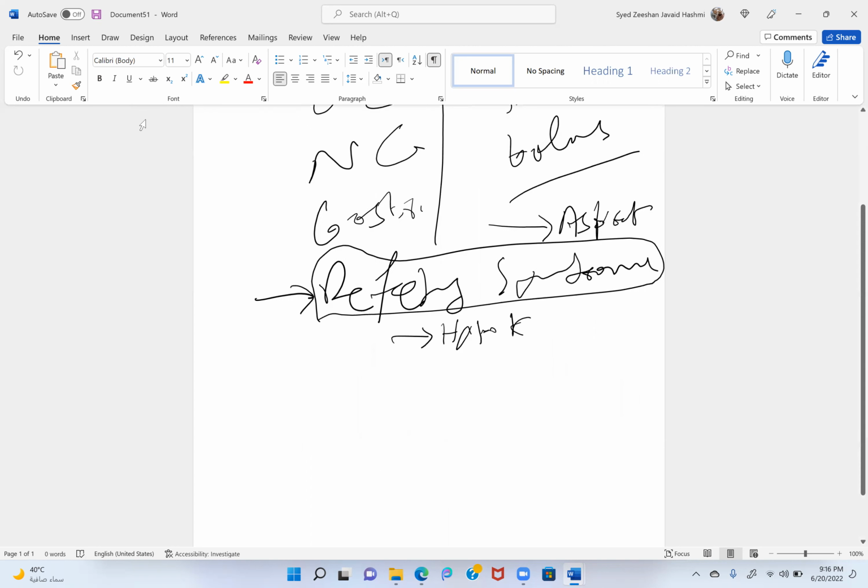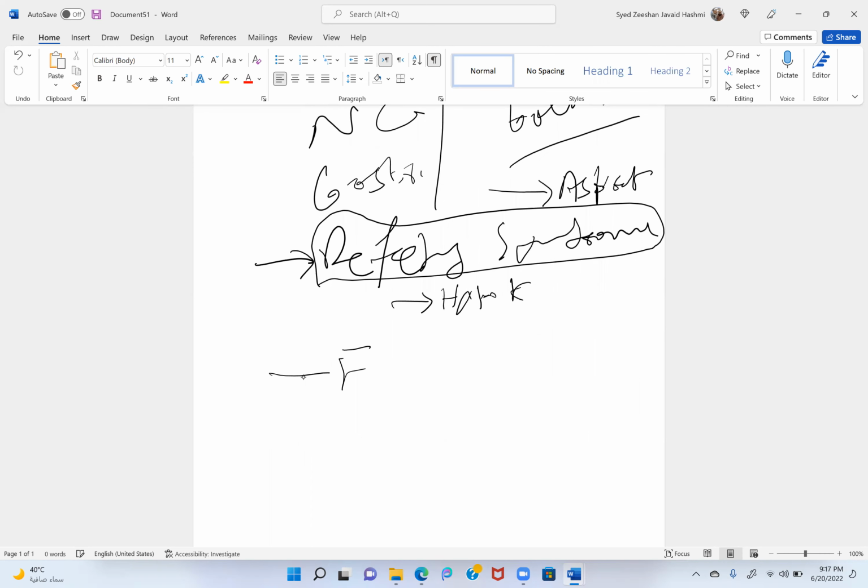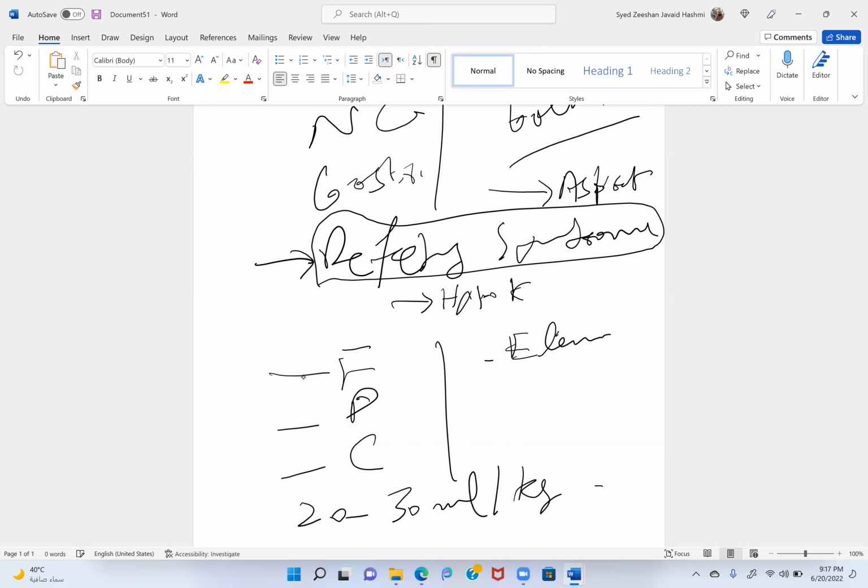So, a few words about the components. There is fat, there is protein, there is carbohydrate. There are essential elements. Caloric requirement is usually calculated as 20 to 30 kcal per kg. This is basal energy expenditure.